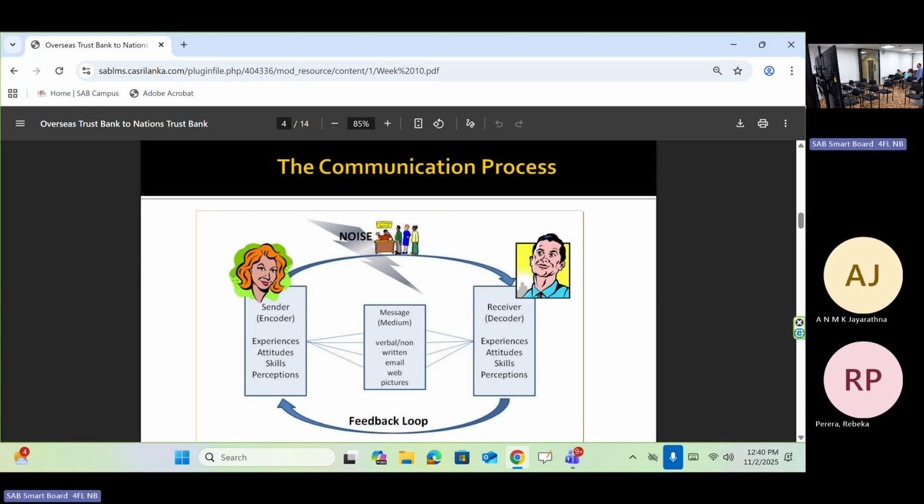That's why we say communication is different things to different people. It is different to different people because these different variables can intervene.